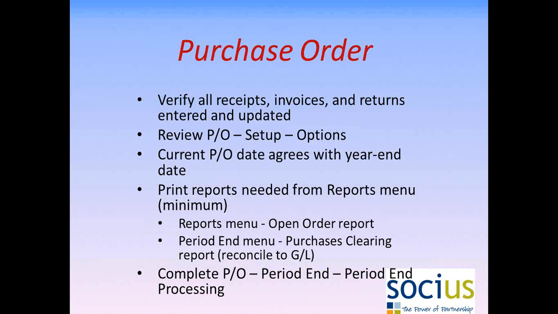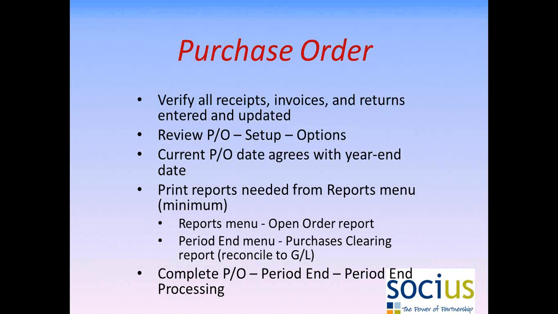My reasoning behind that is if you go into your period end processing and you've got all these reports selected and you hit that OK button, it starts processing period end, so it starts sending your reports out to a printer.